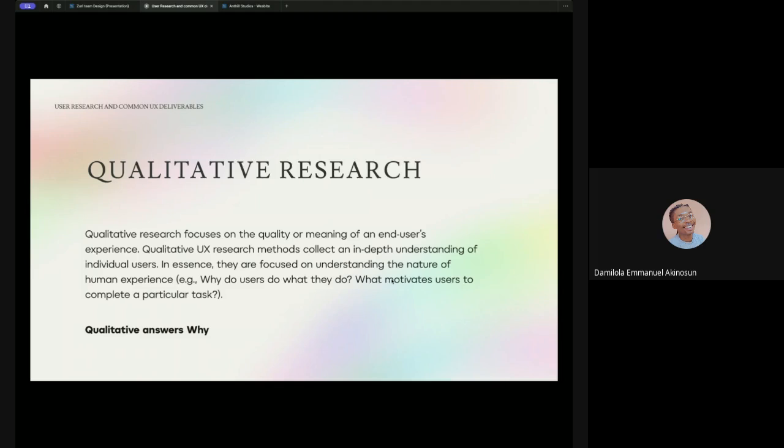You are basically diving deep into understanding the nature of human experience. So the question is, why are these people doing what they do? What really motivates them to complete a task, right? So when you're thinking about this subtext of user research, you're really asking the deep questions like why, why, right?